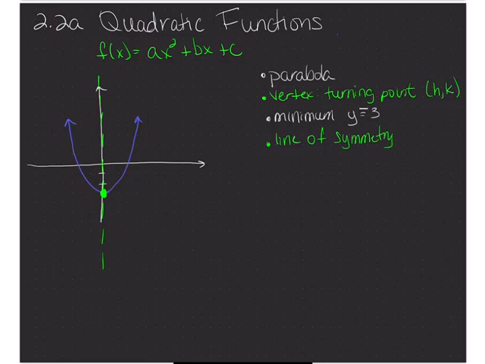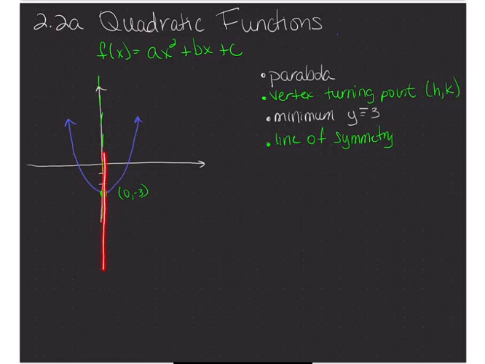My vertex, on our example, we said it was (0, -3), right? And when I want to come up with my line of symmetry, it's a vertical line, and my vertical line is going through when x equals 0, right? I have no other x values on that line.